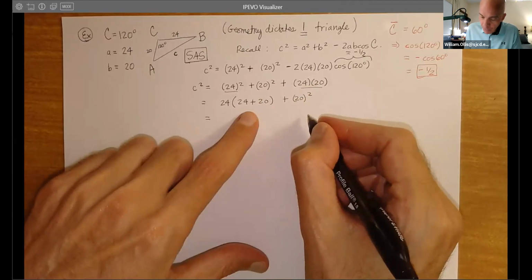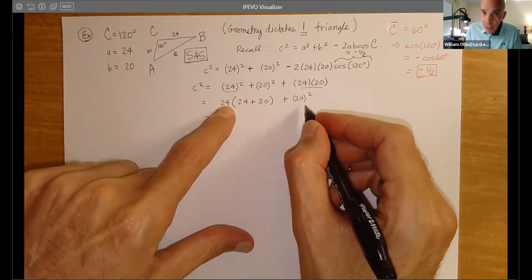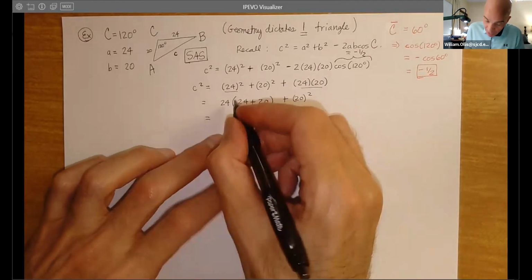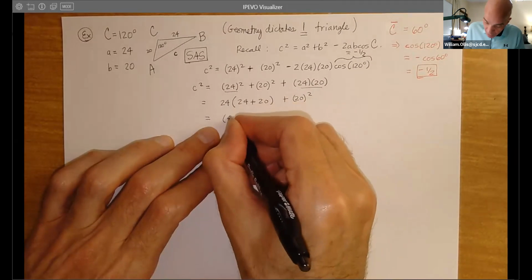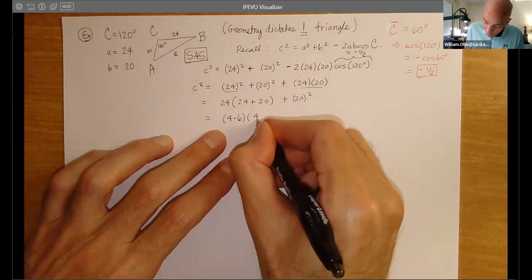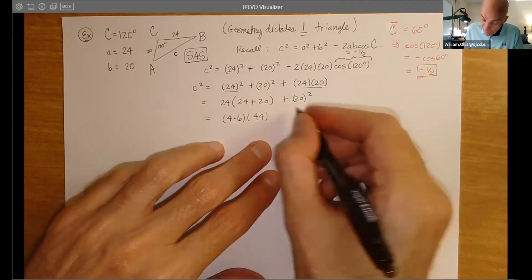And now, if we look at this, there's a 4 in here and there's a 4 in here. And then, of course, there's a 4 in each of the copies of 20. So we can do, let's see, what do we do? 4 times 6. And then we have 44. So there's a 4 in there, like I said. You can see the 4, it's in both of them.